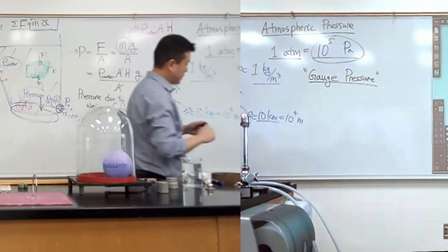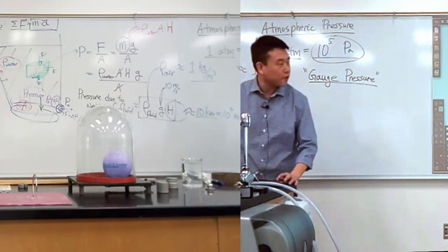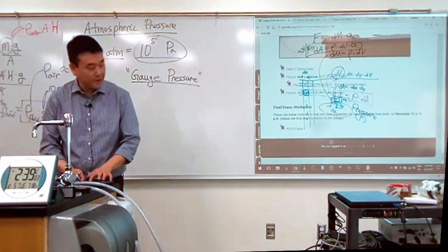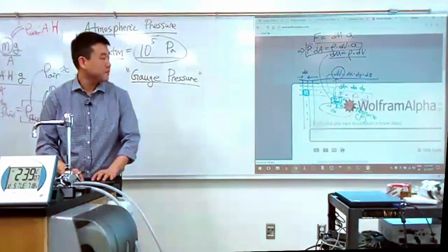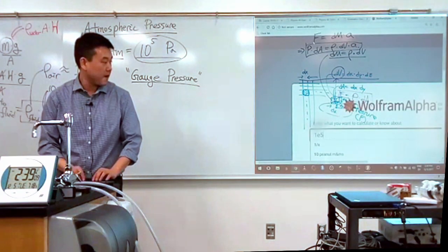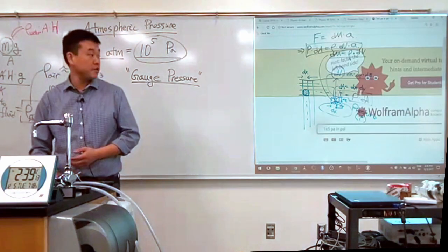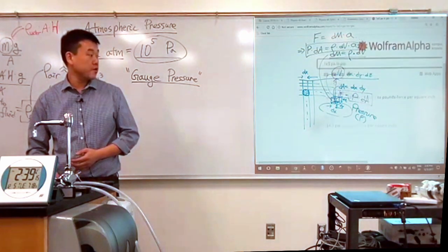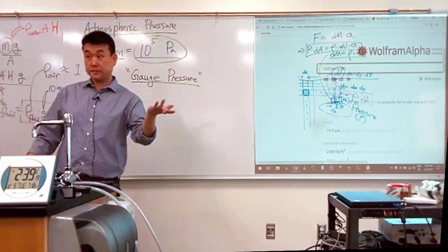I don't know how much this is in PSI. Let me do the conversion so that I actually know the number in PSI. From Alpha. So 10^5 pascals in PSI. Pounds per square inch is another unit of pressure that you will see a lot, like when you're inflating your tires.